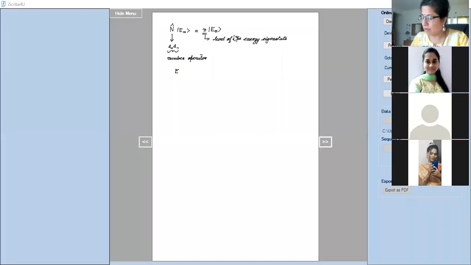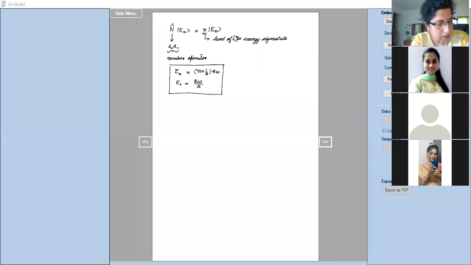Yeah, so what we have realized, that your En is equal to n plus half h cross omega, okay, and your E0 is equal to h cross omega by 2. Now these are extremely important, and we have come to this conclusion from your ladder operators, right? So this is extremely important.